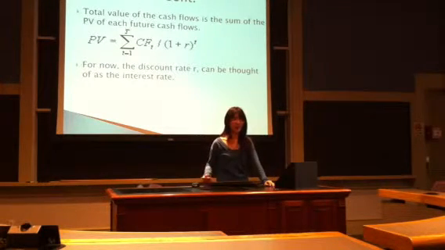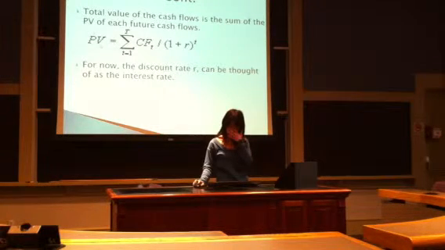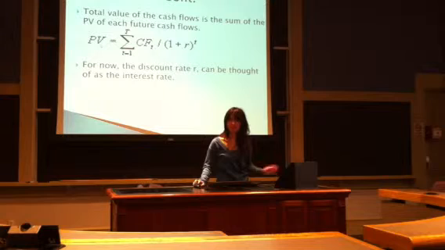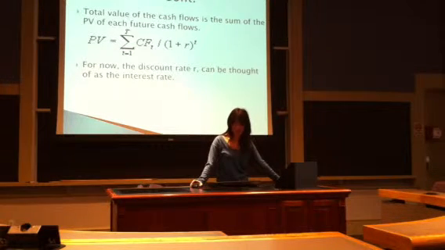And if you want to value an asset, that will be the value, the present value. For now, the discount rate can be thought of as just the interest rate, but in the future, for different assets and different projects, it will not be simply the interest rate. But we'll get to that.